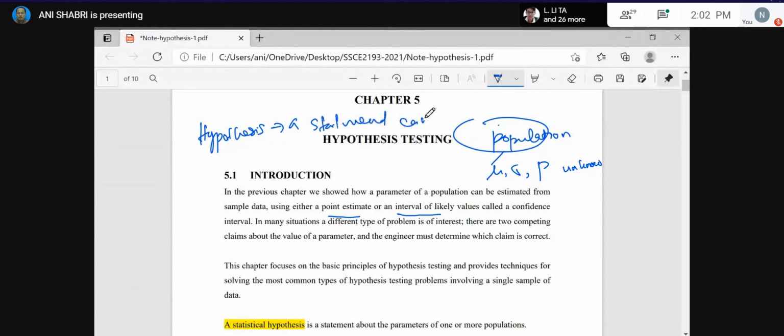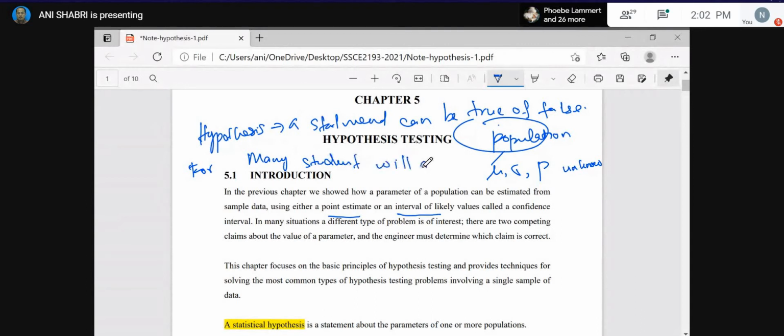This statement can be true or false. If you think this one is true or not? I think this is not true because many students are not getting A as well. Okay, this is just a hypothesis: many students will get A in statistics.